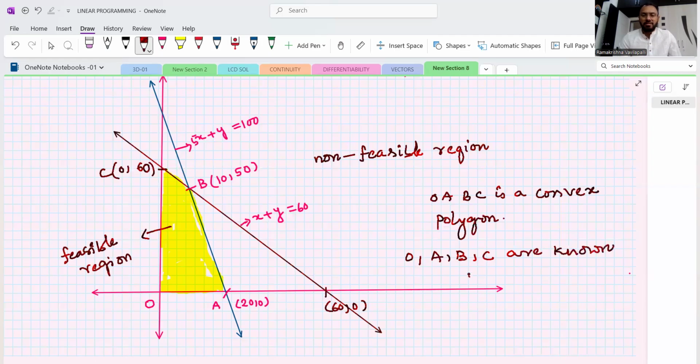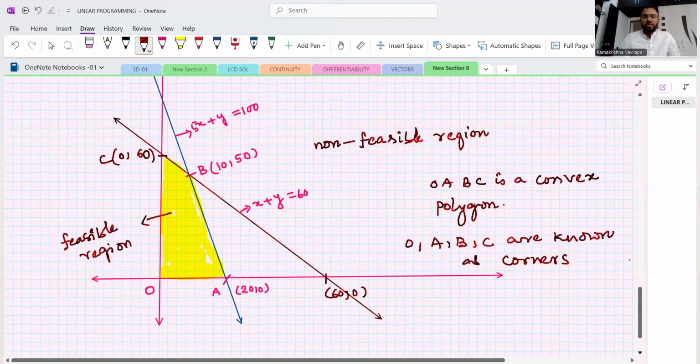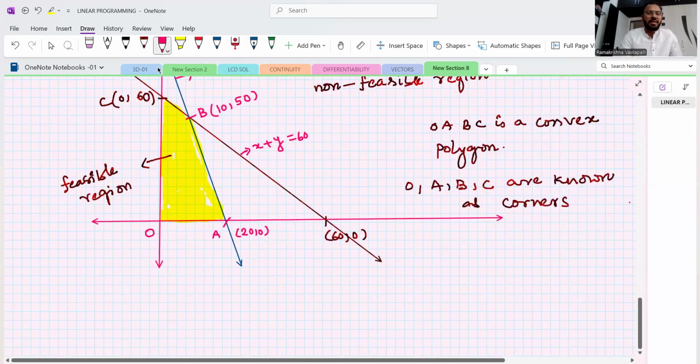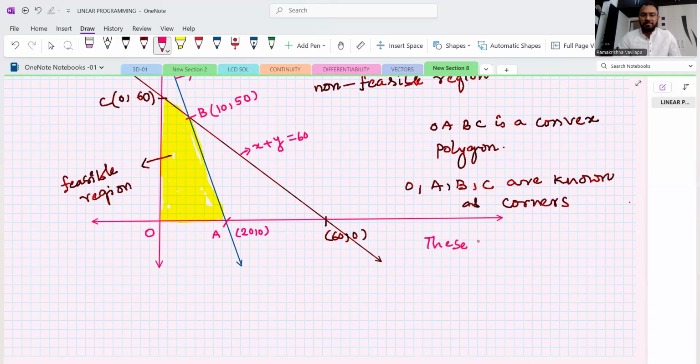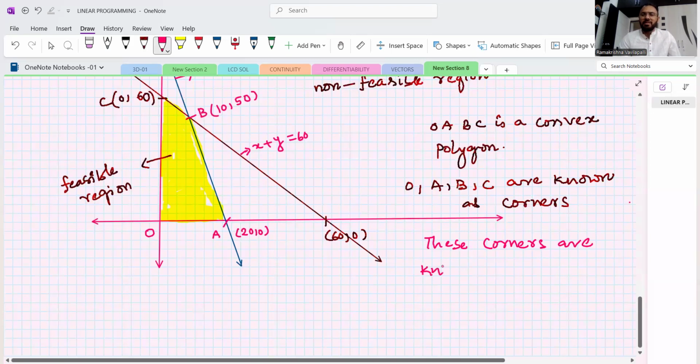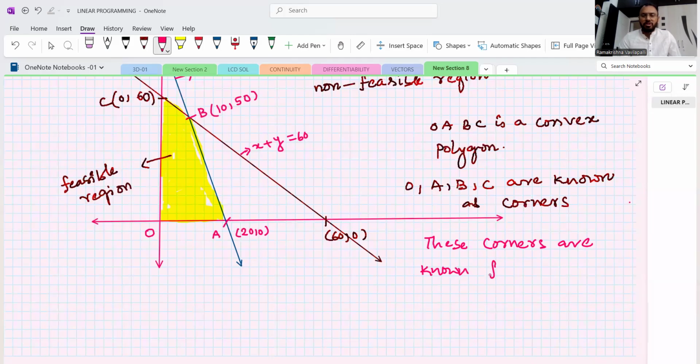These corners are known as feasible solutions. Feasible is nothing but they may help us to maximize or minimize our objective function.